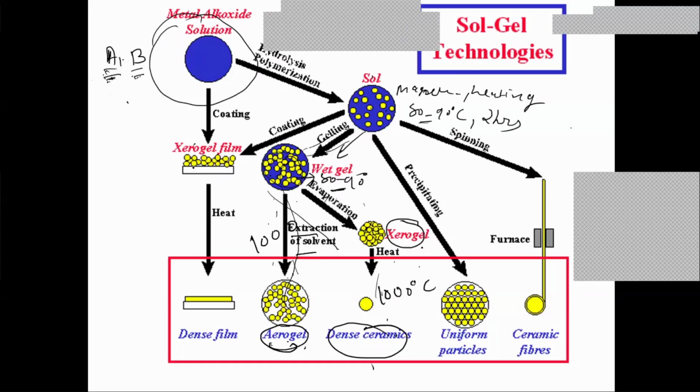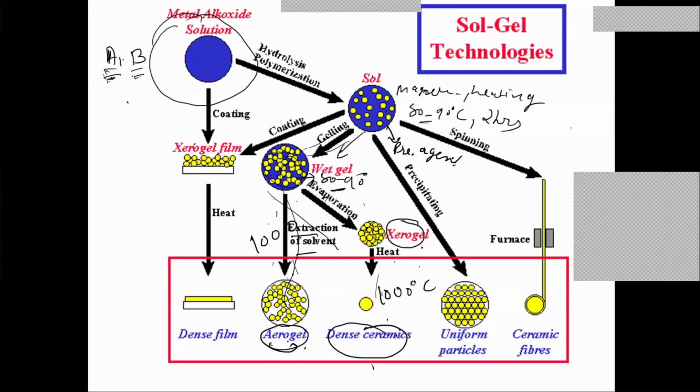So what you will do? We got a gel, solution मिला हमें, right? Now in this solution, you add some precipitating agent. Precipitating agent मतलब you add NaOH या NH4OH to get the precipitates. I think आपको पता होगा what is precipitate, right?